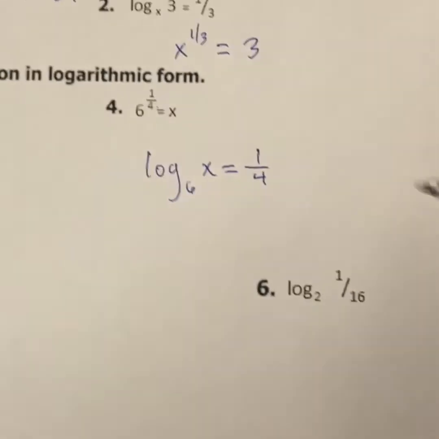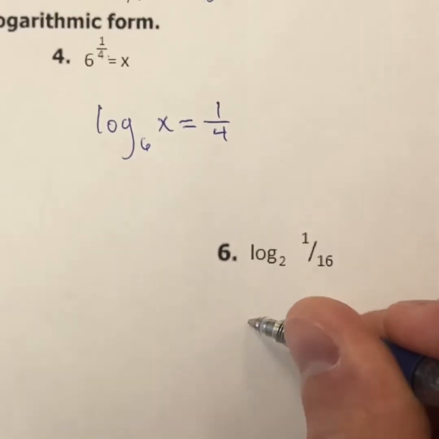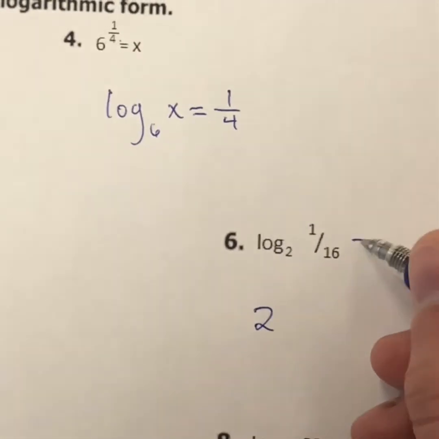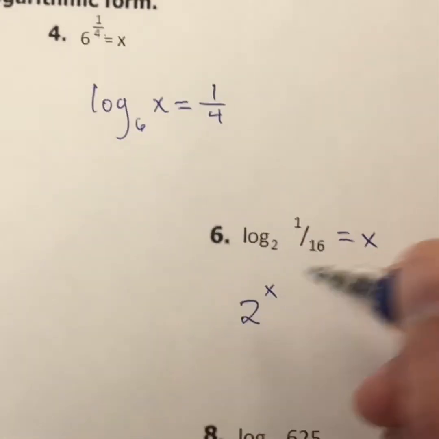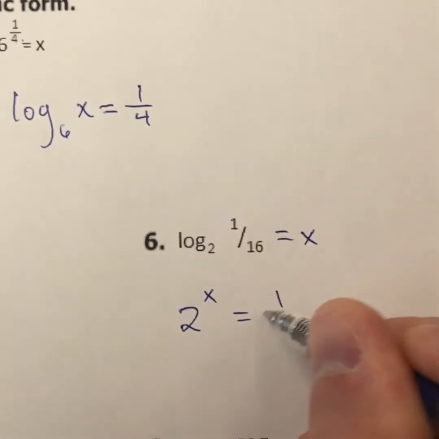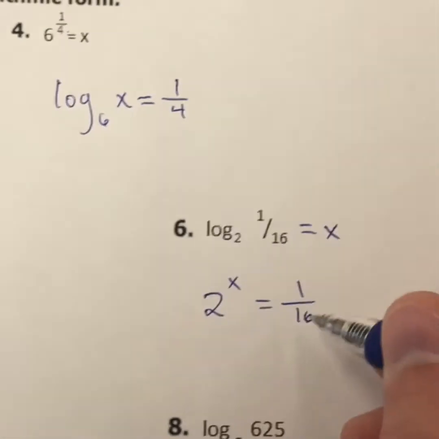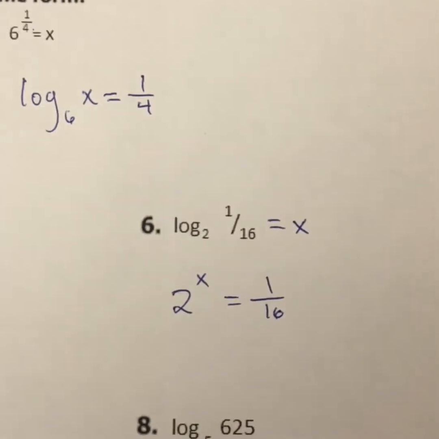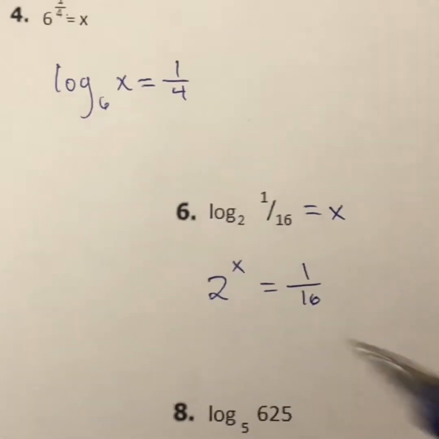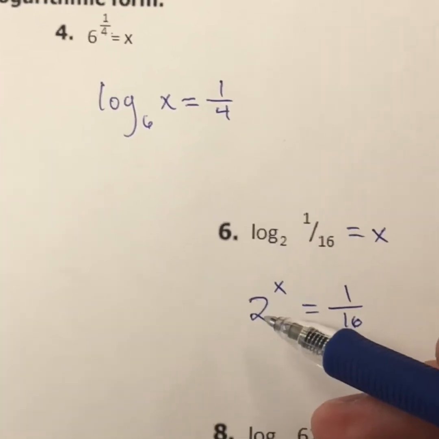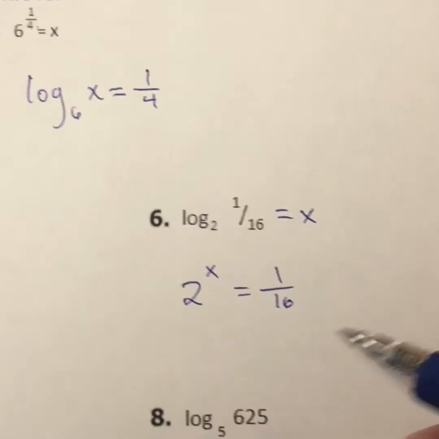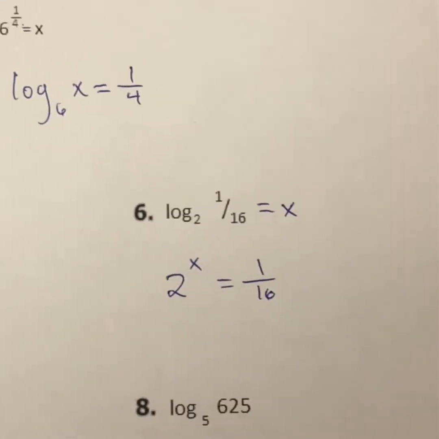Number 6 here, starting with the base again. 2 to what power equals 1/16. So now I have to think to myself, I need to go from an integer, 2, to a fraction. So I'm going to need some sort of negative exponent to make that happen.